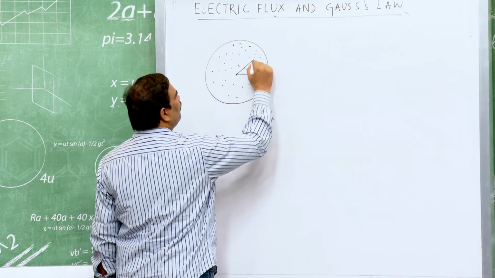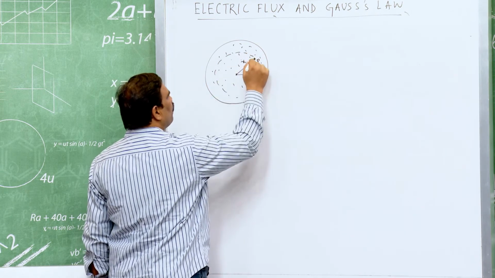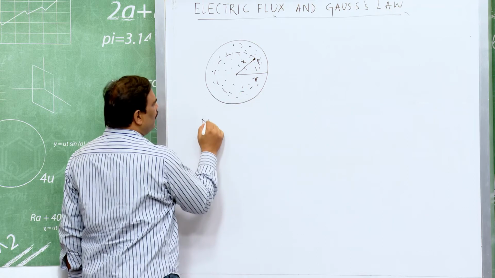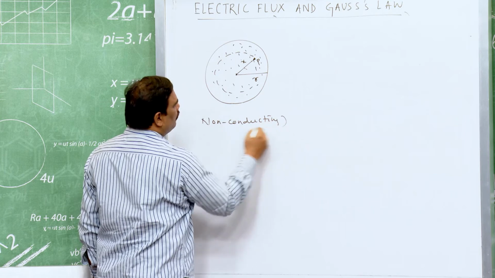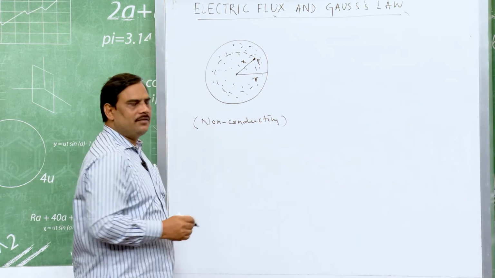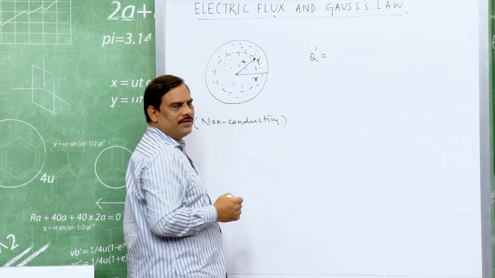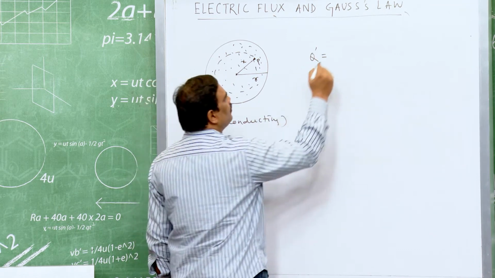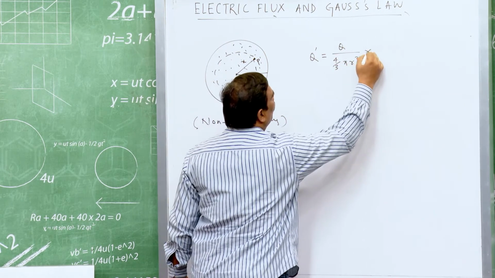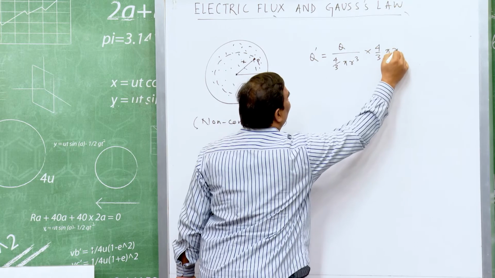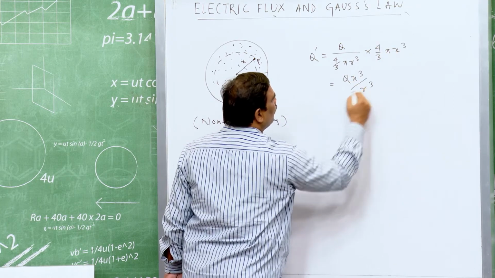For a point P at a distance x inside the non-conducting sphere, we get the charge enclosed within the Gaussian surface of radius x is charge divided by 4 by 3 pi r cube into 4 by 3 pi x cube. So, this is q x cube divided by r cube.